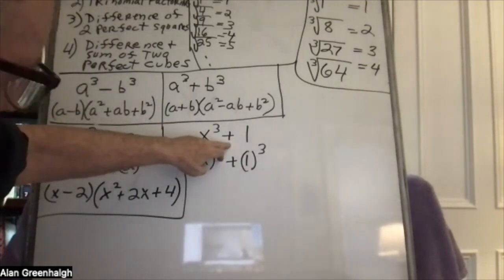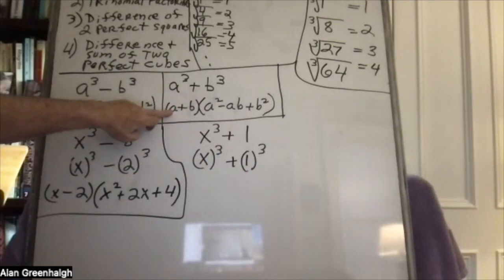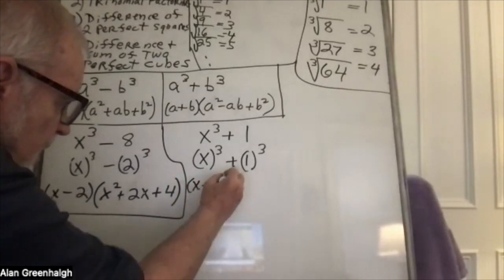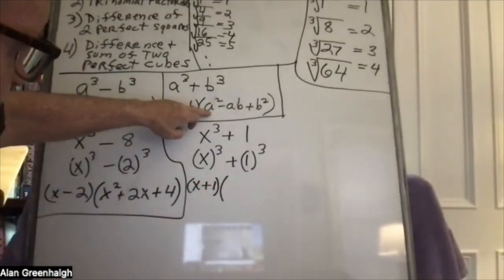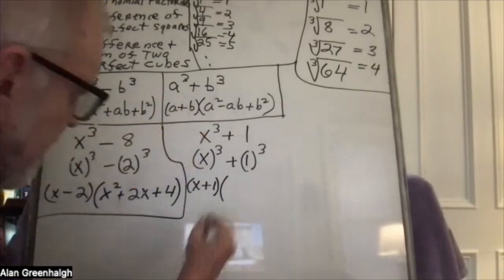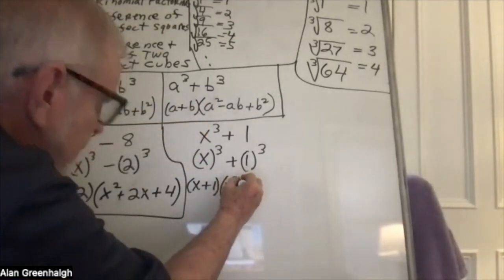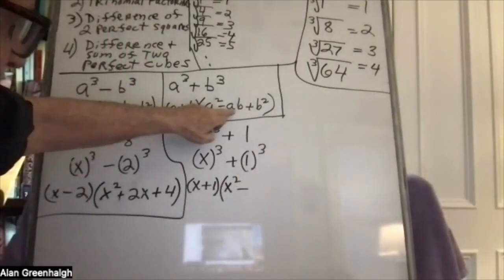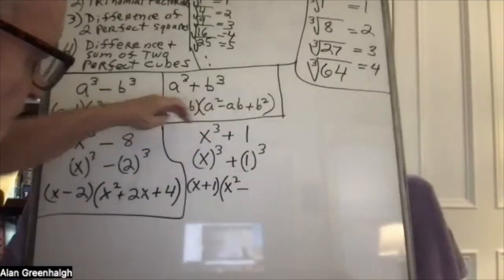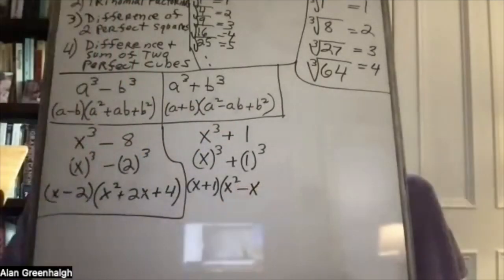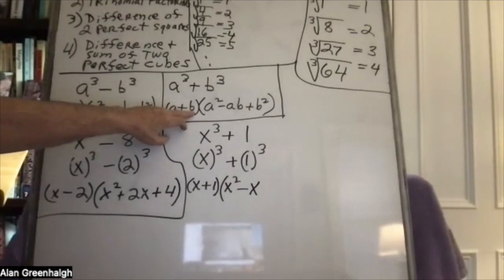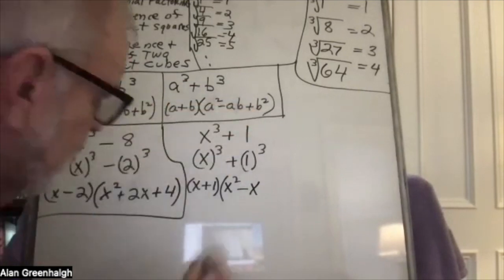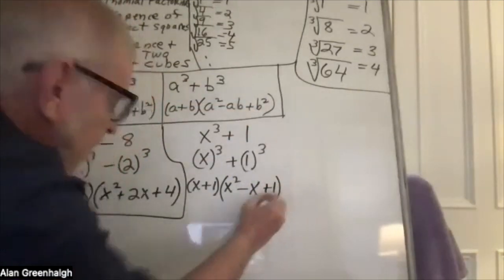We want the formula with the positive. So we look at this formula, and this will be x plus 1 times, now a squared, remember a is equal to x, so this will be x squared. Now that's going to be a minus sign. AB would be 1 times x, which is just x, and then b is equal to 1, remember, and that's b squared, so that'll be 1. And that's what it looks like.